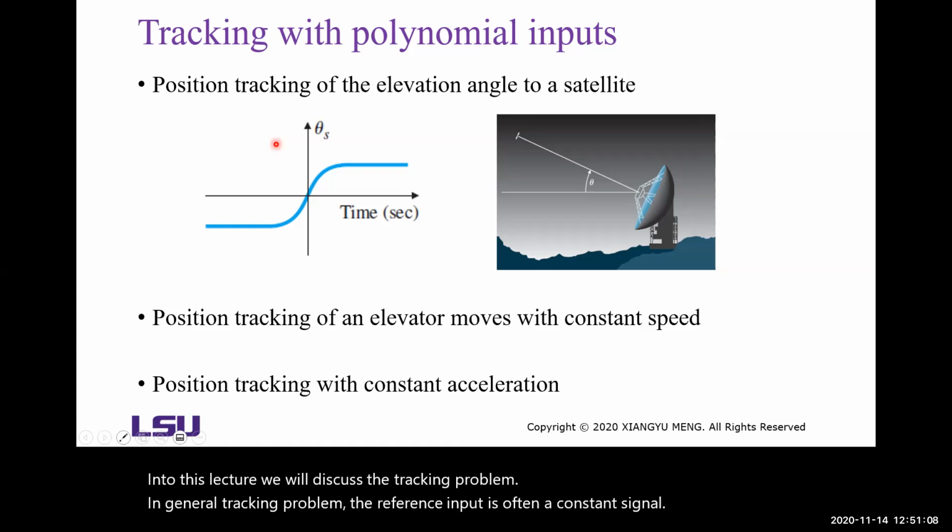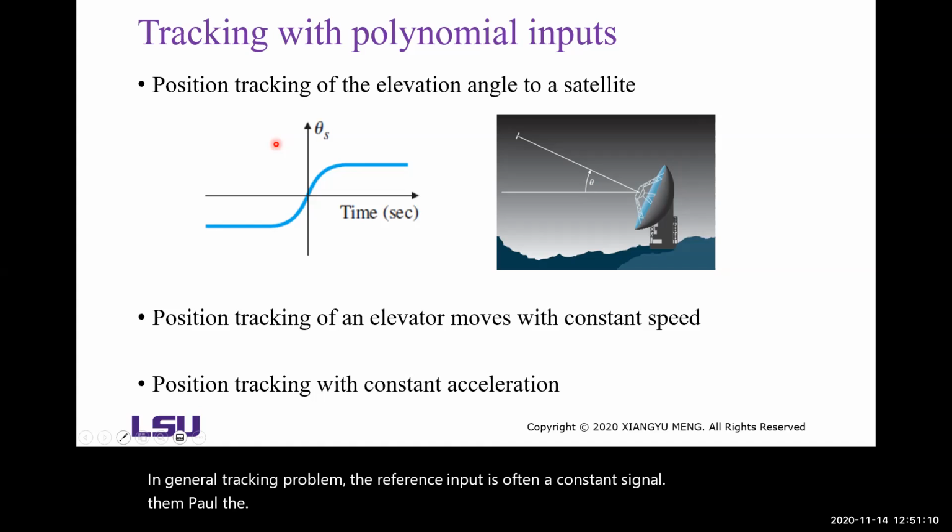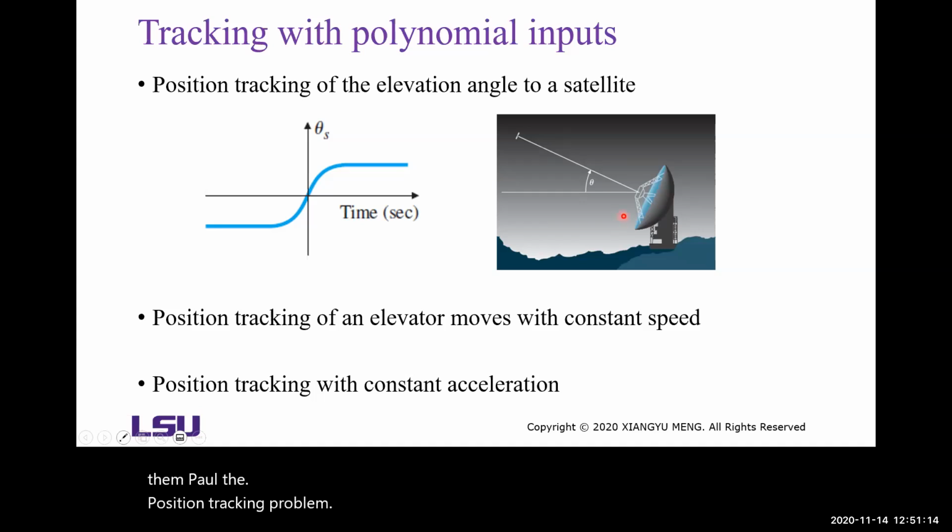For example, in the position tracking problem, an antenna is tracking the elevation angle of a satellite. Then the angle of the satellite can be modeled by a step signal, that is, a constant.